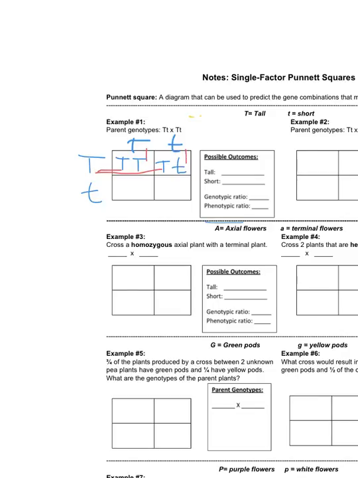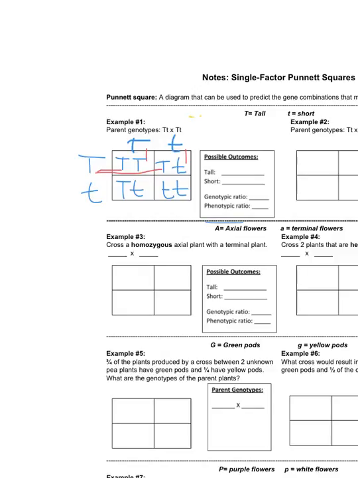In this square, I pull one allele from this parent, one from that parent, so then I have capital T, lowercase t. And then again, I pull one allele from this parent, one allele from that parent, and then I'll have two lowercase t's. Don't forget, when you're filling out these squares, capitals always come first.